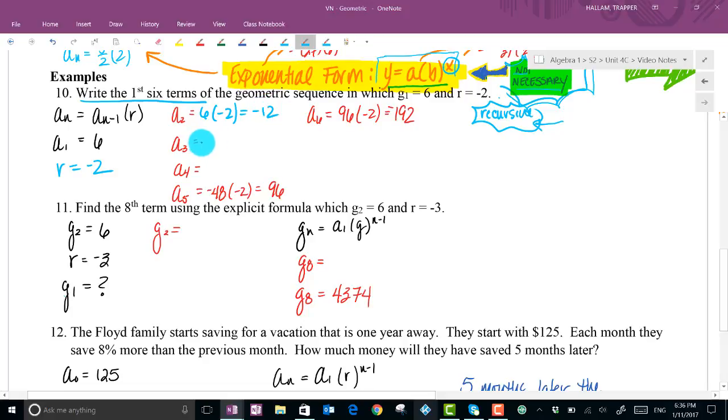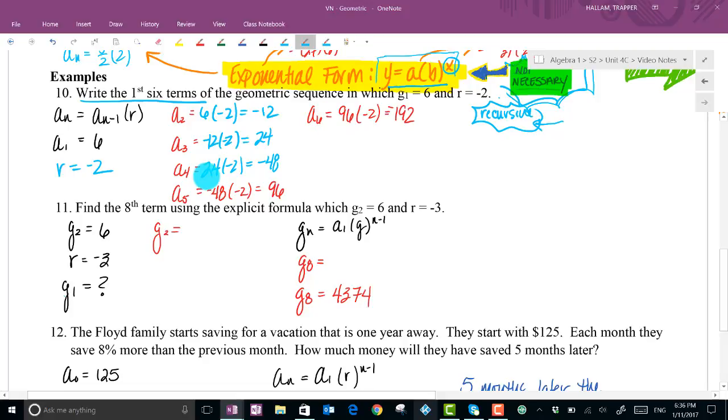To find the third term of the sequence, previous term, or a sub 2, because we're finding a sub 3, so we'll write negative 12 this time, times the common ratio of negative 2, and the two negatives are going to make a positive, leaving us a positive 24. Again, same sequence. A sub 4, we're going to need the previous term, which happens to be 24, a sub 3. So we're going to put in 24 here and multiply it by that ratio once again. So we're going to get negative 48. And I did a sub 5 and a sub 6.